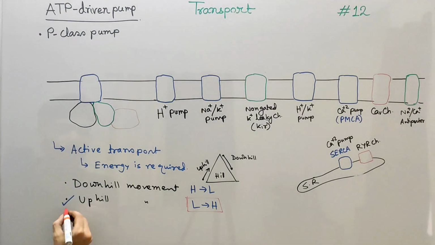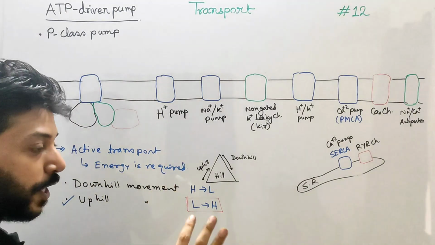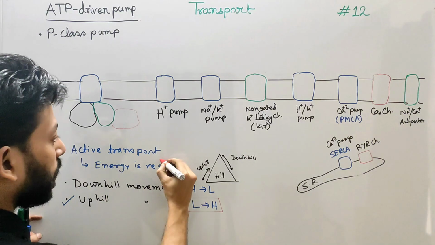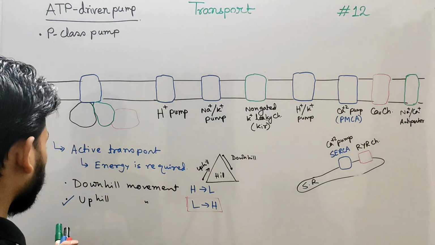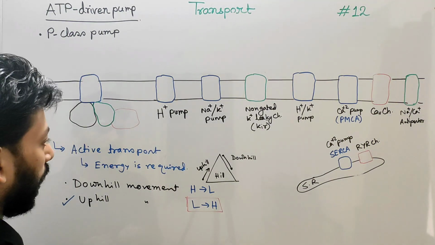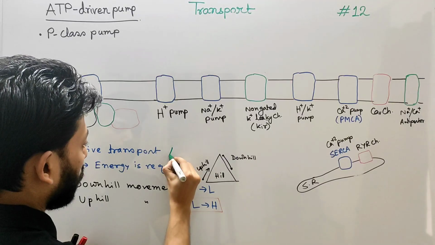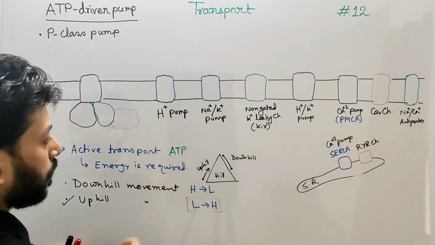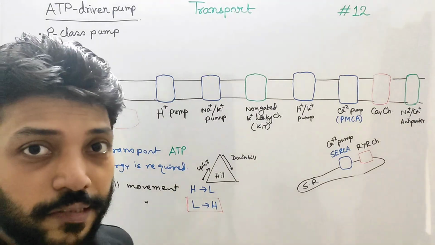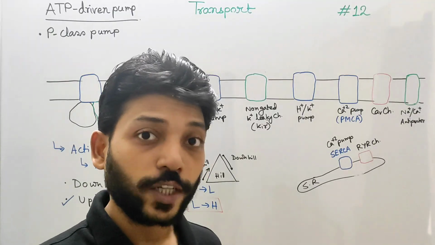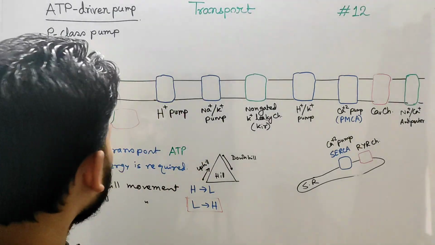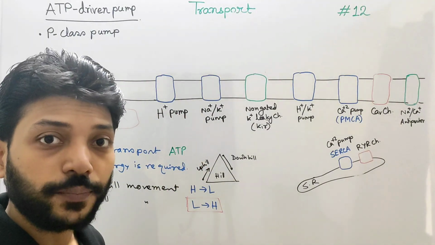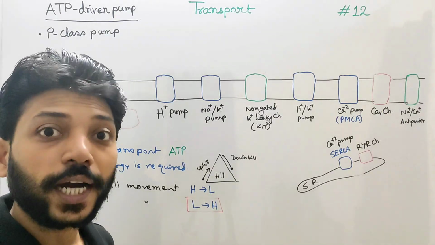Now, the second point is that energy is required, and in the case of ATP-driven pumps, the hydrolysis of ATP generates the energy. This ATP-driven pump can also be called an ATPase, but it does not hydrolyze ATP when it is not transporting ions.